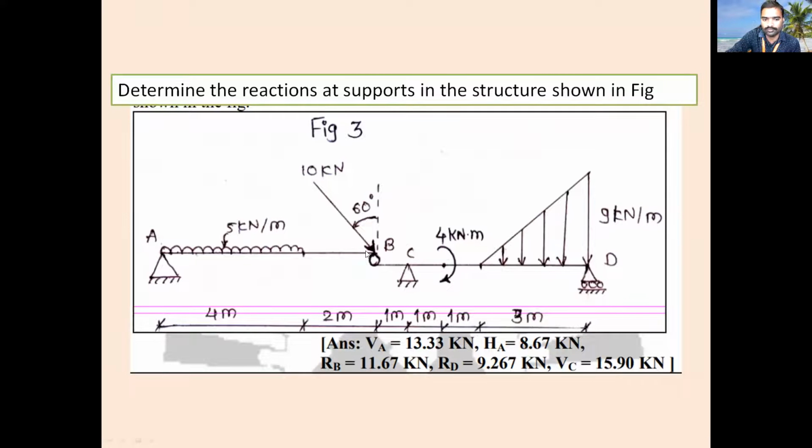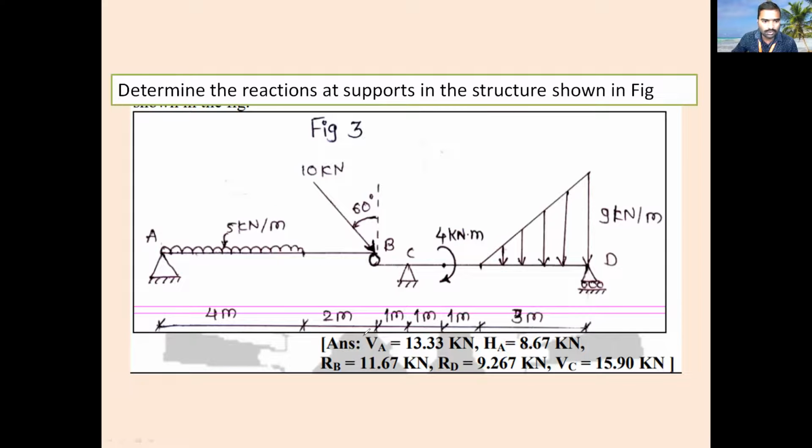This is a compound beam. Which portion will you take first? AB, so that you will get A reactions and B reactions. Again, second one is BD you have to take. The reaction which is obtained from the AB beam, the same reaction you have to apply. Correct? I have taken this problem in the last class.